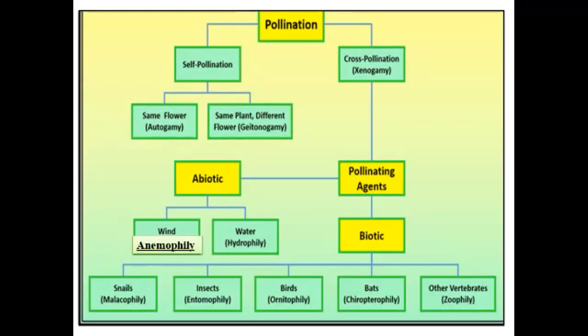Specifically, in xenogamy, transport of pollen grains from anther to stigma of another flower of the same species is known as xenogamy.